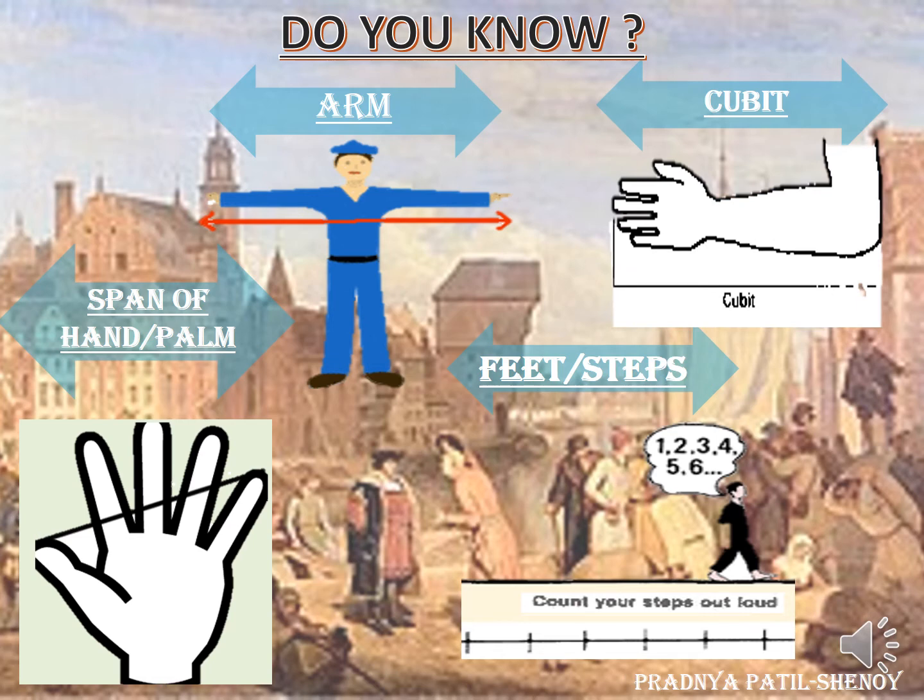But now you know that when we use this kind of measuring units, the measurements can differ, just like Rita's span of hand and her brother's span of hand. To avoid this, we should have standard units for measuring things. Don't you think so?